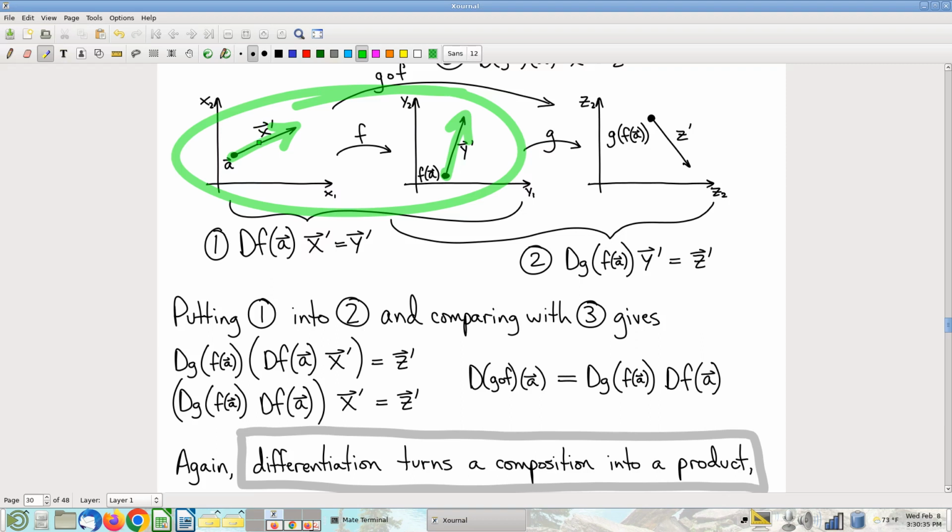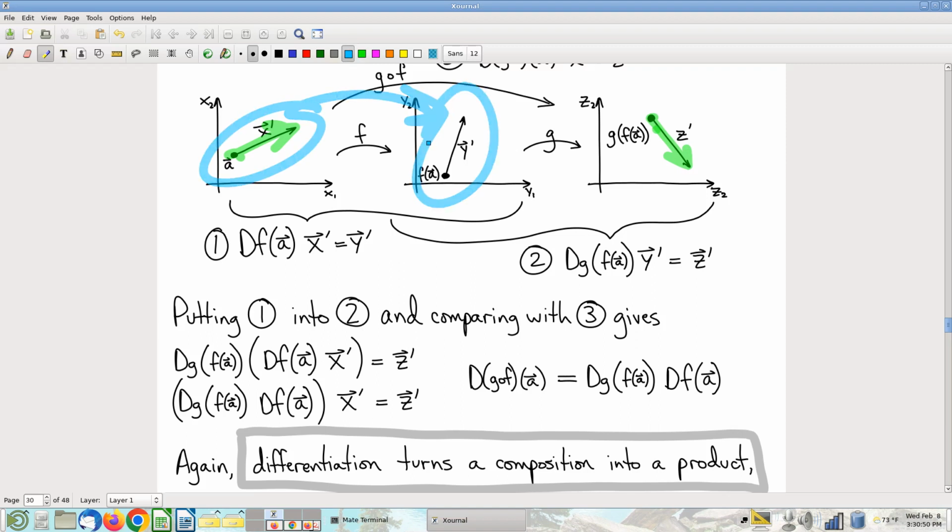And then you can think of this process of turning this initial input velocity into this eventual final output velocity as just a succession of applying the derivative of f, and then to that result we apply the derivative of g.